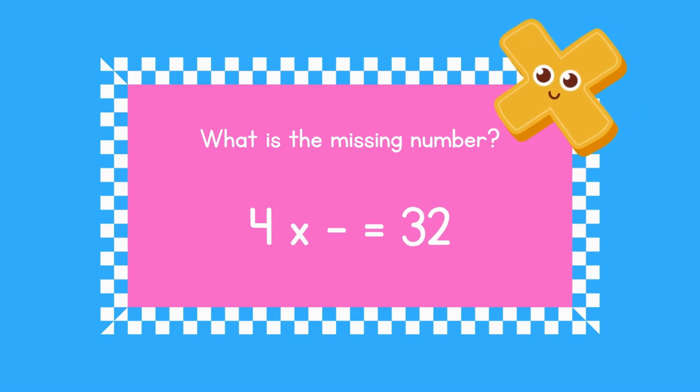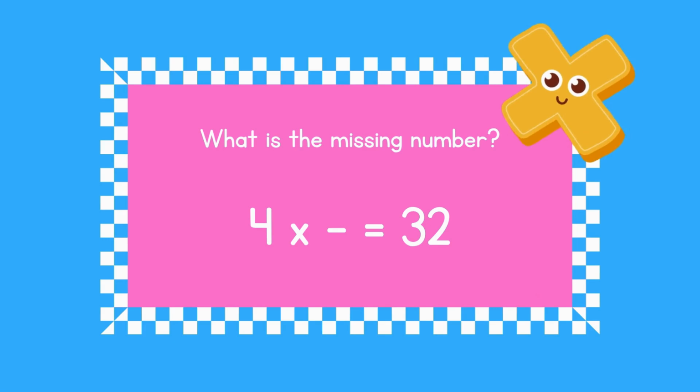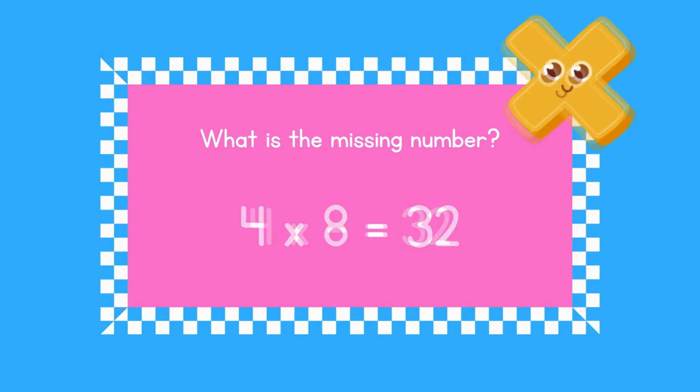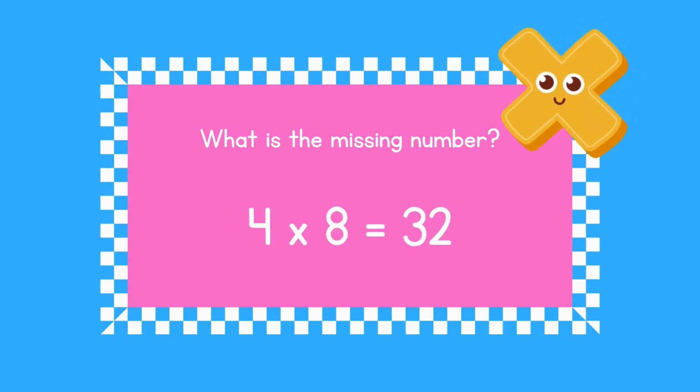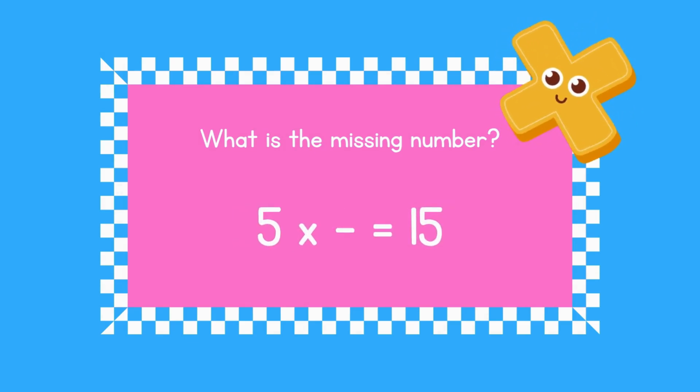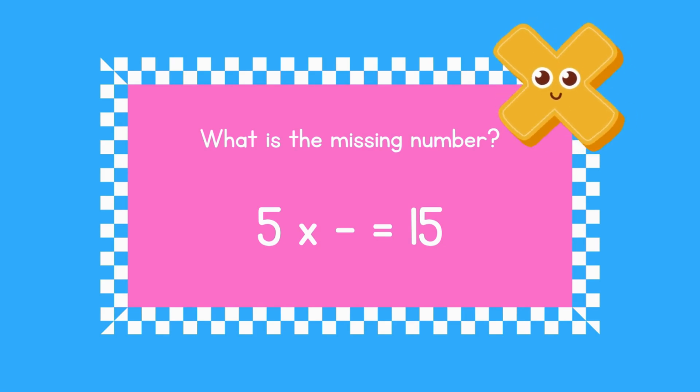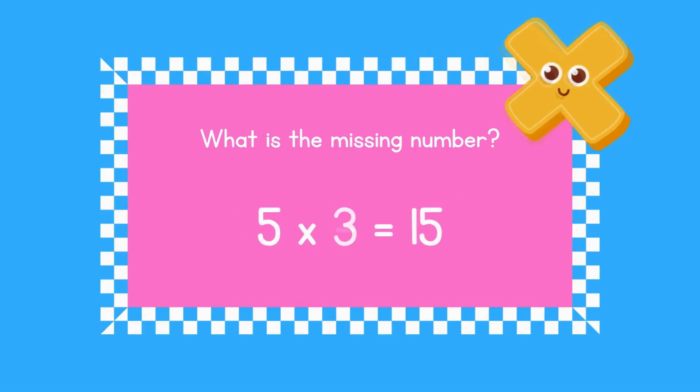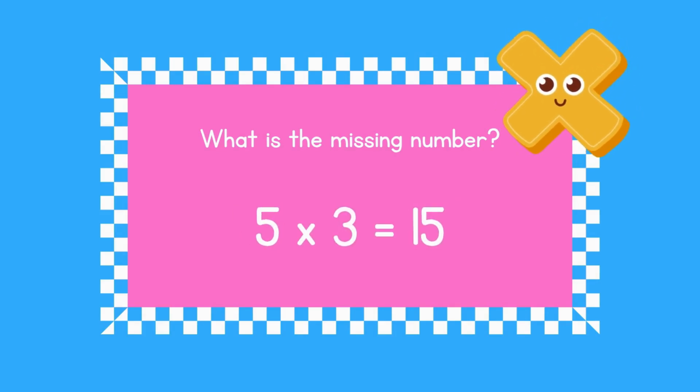Find the missing number. Four multiplied by 8 is 32. Find the missing number. Five multiplied by 3 is 15.